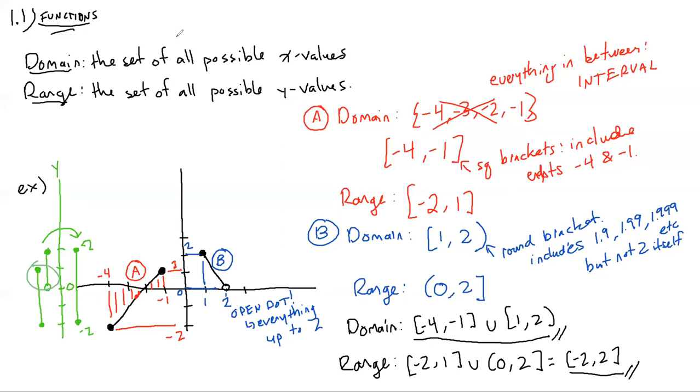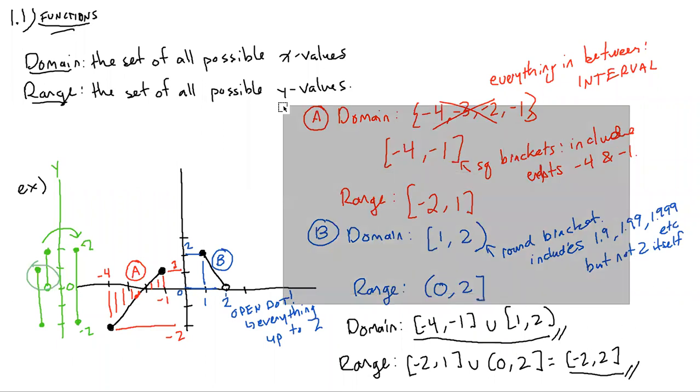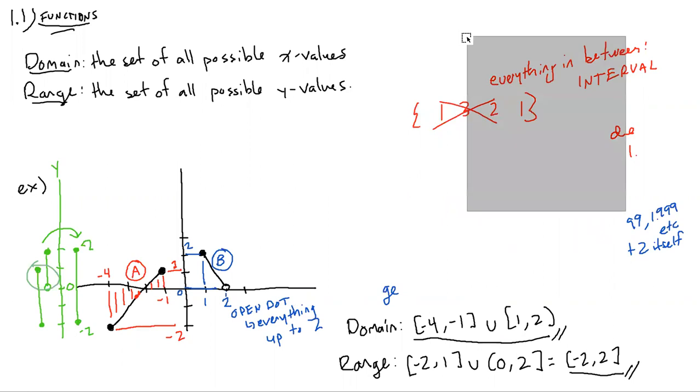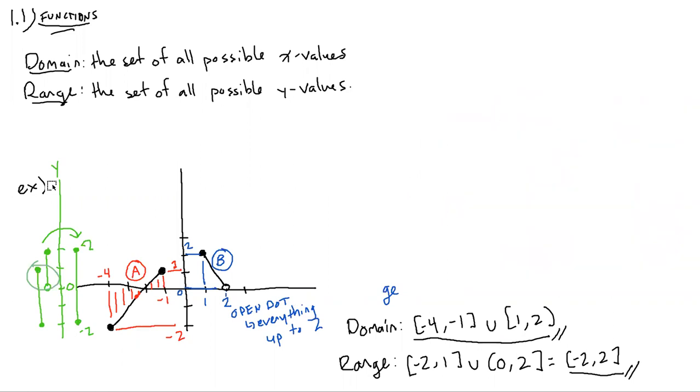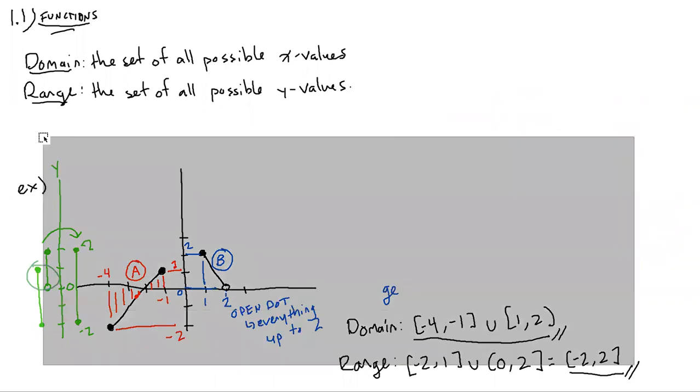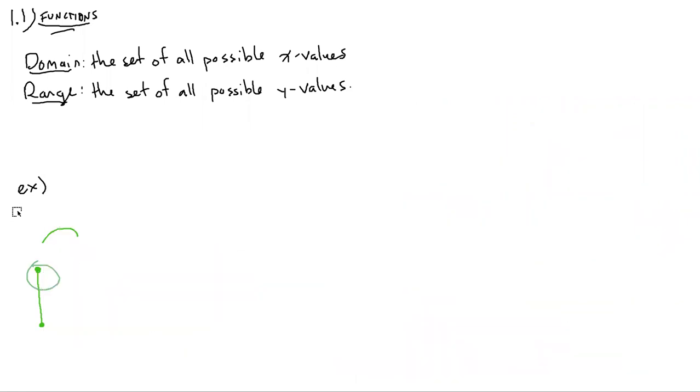And I'll give you a last example to illustrate that. And obviously the last one's going to be an algebraic expression. All right, I'm going to make something a little ugly here.